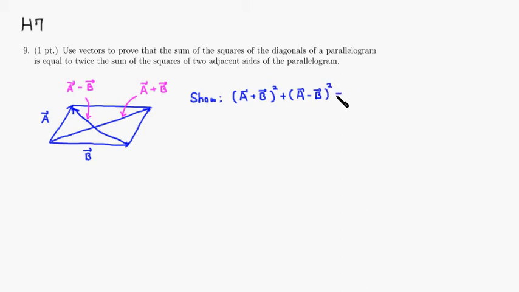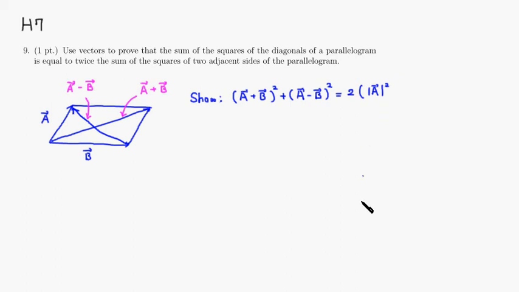And this is equal to, it says, twice the sum of the squares of the two adjacent sides. So you have 2 times vector A squared.